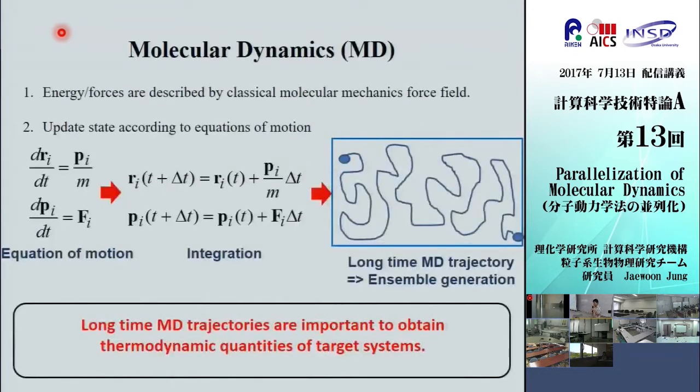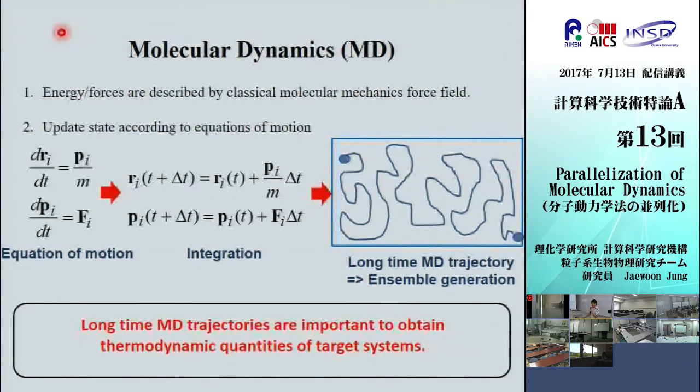So in molecular dynamics, we first describe energy and forces using a classical molecular mechanics force field. So for each atom, we define the parameters for bond, angle, and so on. After assigning the parameters of each particle, we calculate energy and forces.